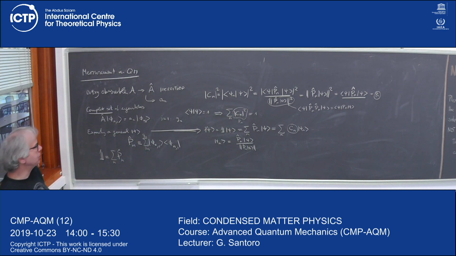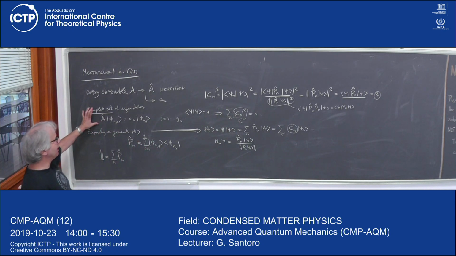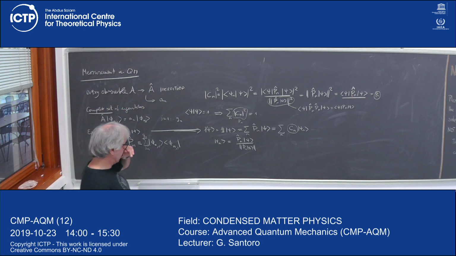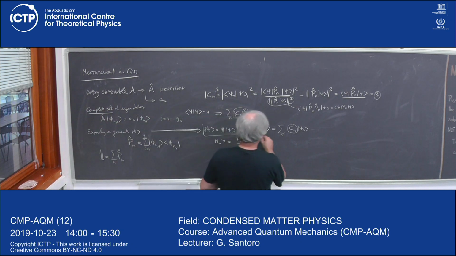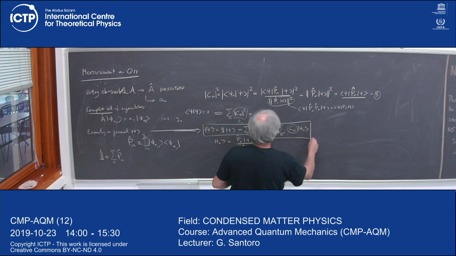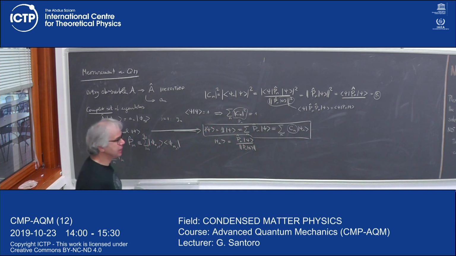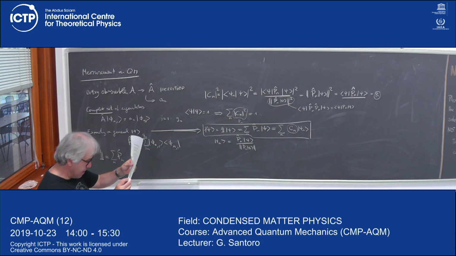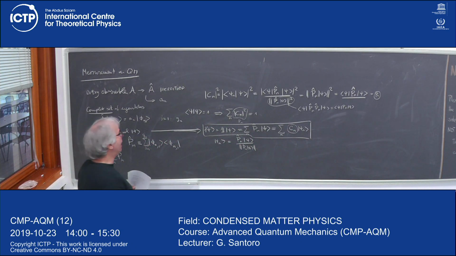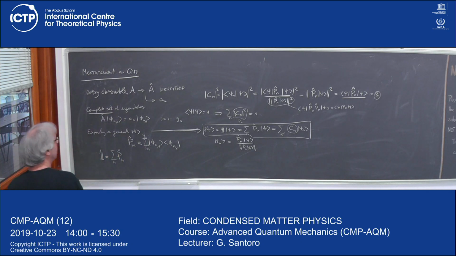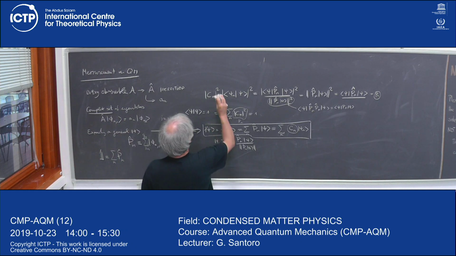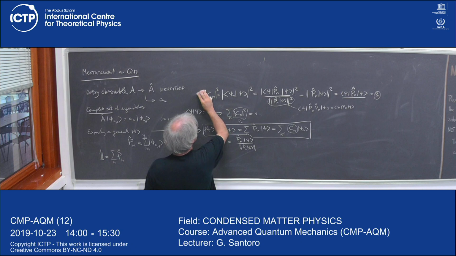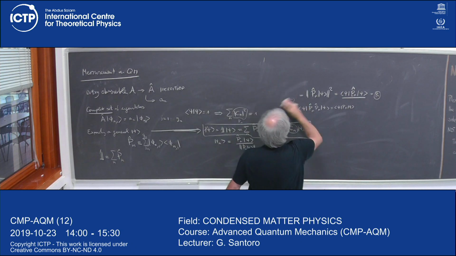There is no measurement here. Simply saying I have a complete set of eigenstates of a Hermitian operator, then I can always write the projection operator, and I can re-express any state I want as an expansion into the eigenbasis. Having said that, let me leave only these expressions written somewhere.